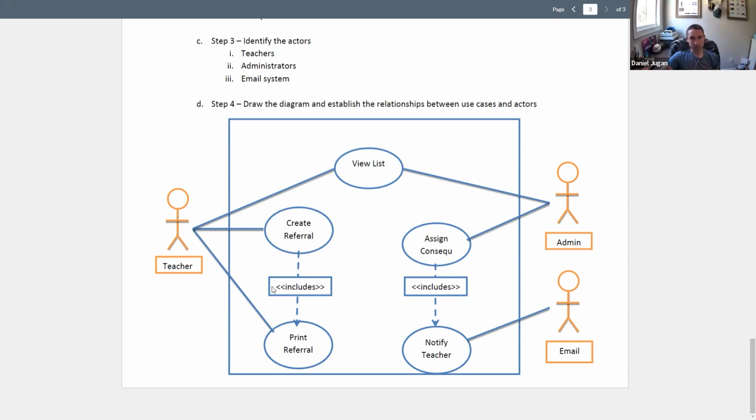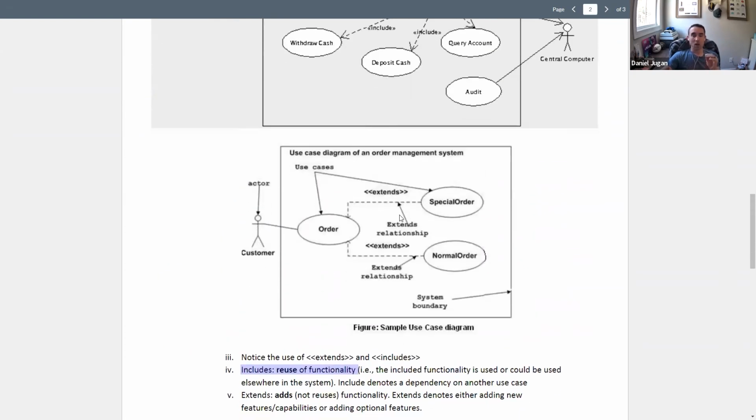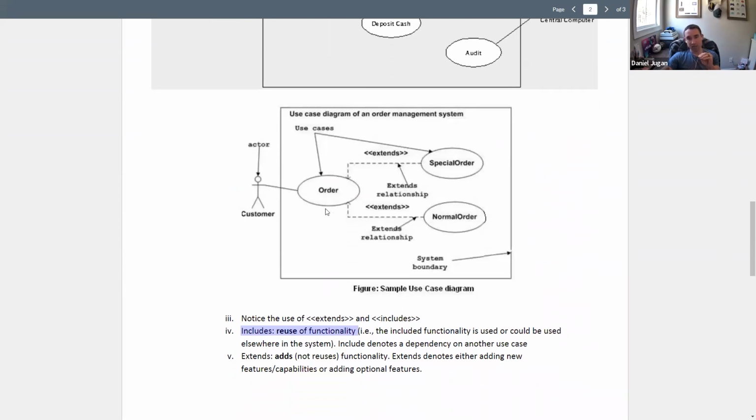Includes means, okay? Whereas extends is a way of specializing or adding on to an action that already exists, okay?